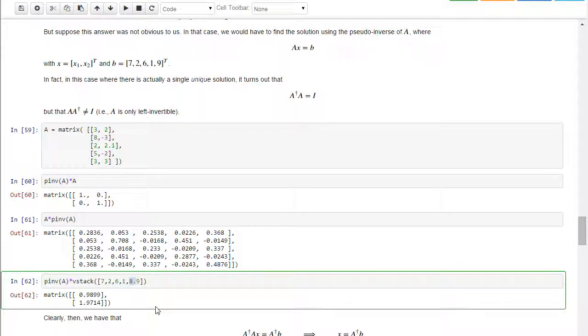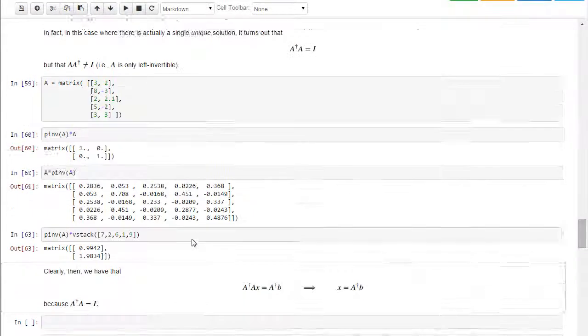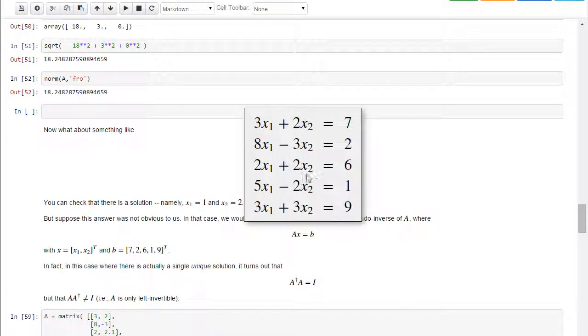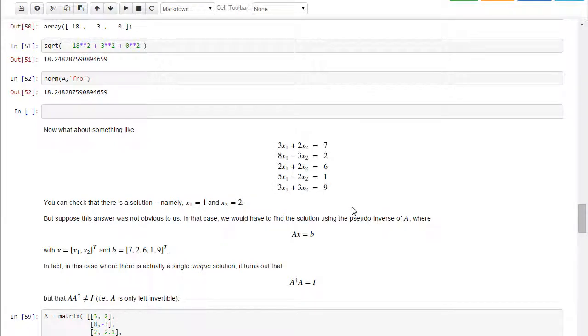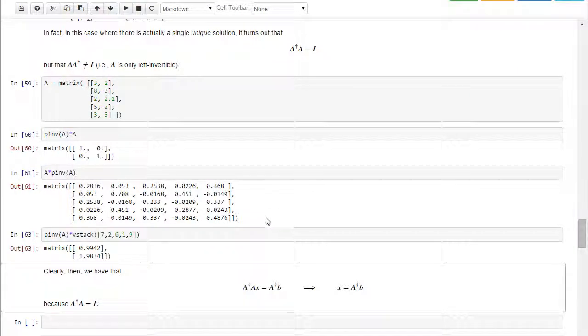Even if we change that back to the 9 there, we're still not exactly 1 and 2. So what we have is this may not have a solution at all, because any tiny change to any of these numbers means what? No solution, period. Not one solution, 0 solutions.